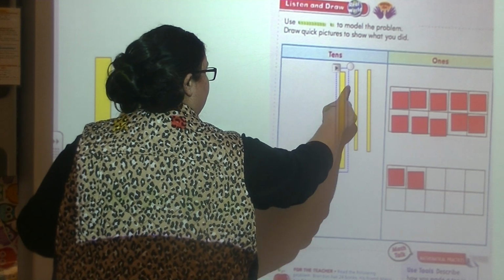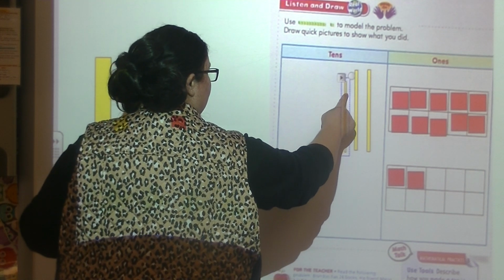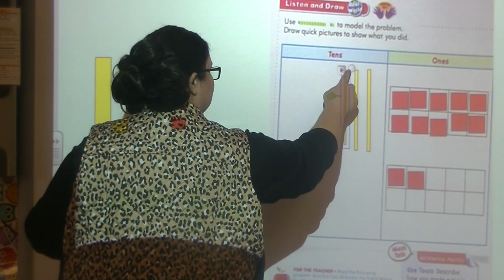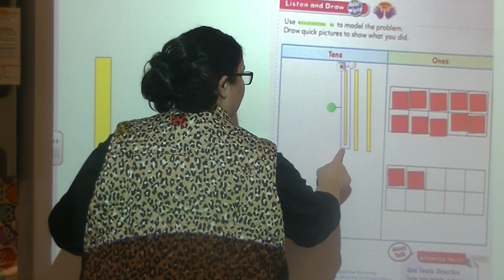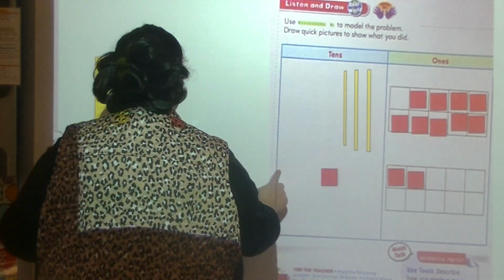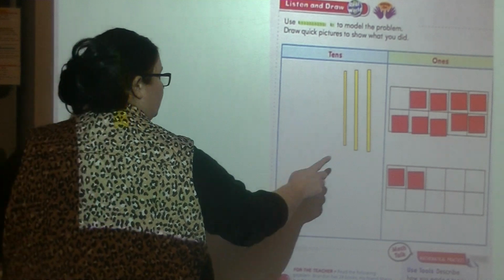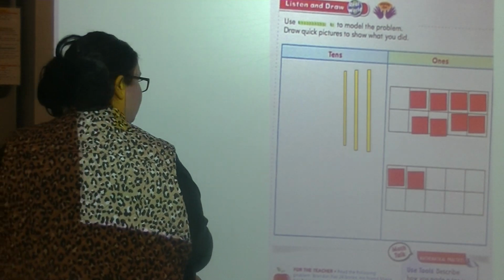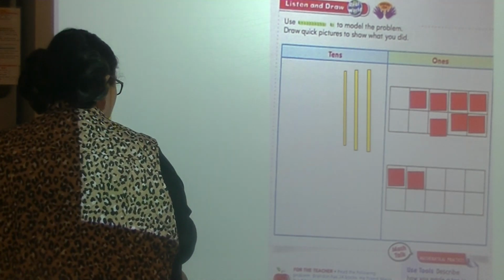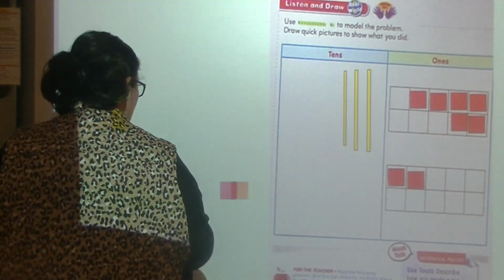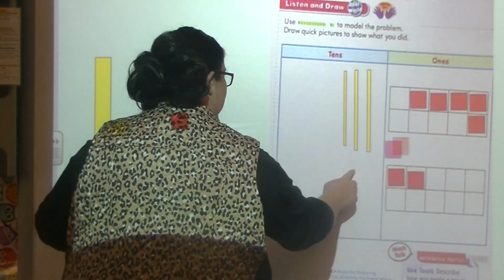I'm going to get him the right size. There we go. I'm going to take these 10 and put them here. So you see I'm just trading 10 ones for a group of 10.